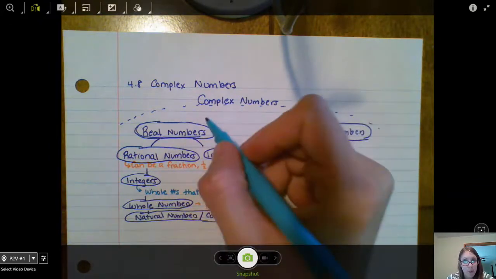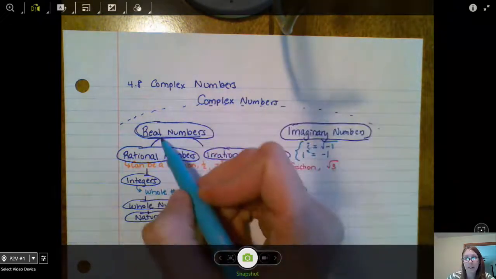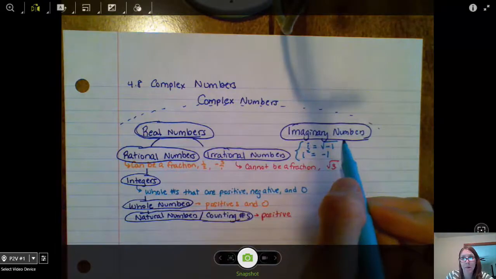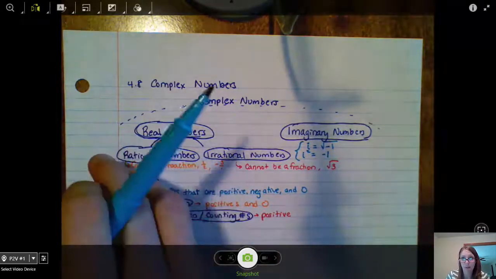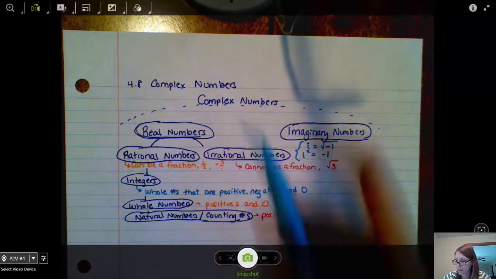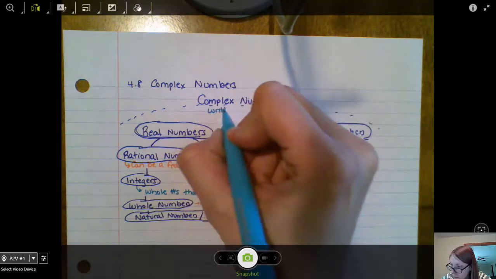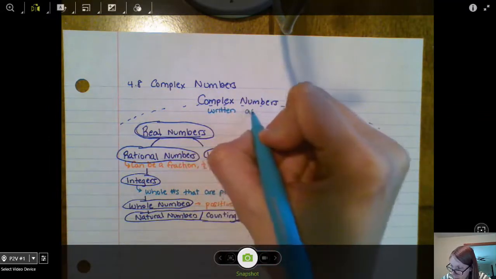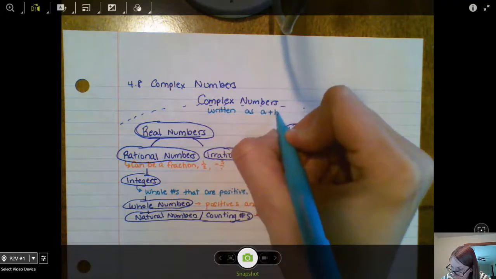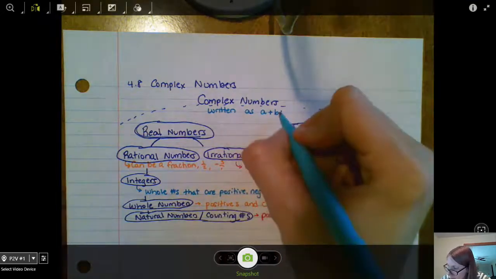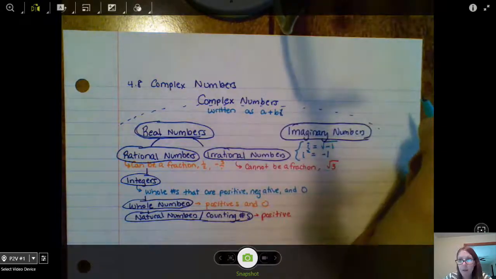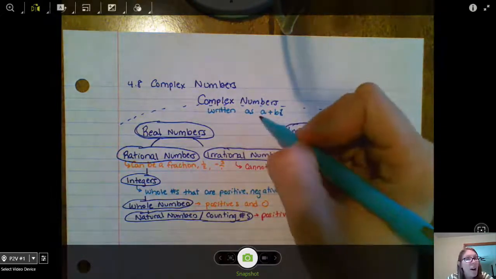Complex numbers are an umbrella term. It includes real numbers, imaginary numbers, and combinations of our real and imaginary numbers. So complex numbers are written in the form a plus bi. So the real part comes first.